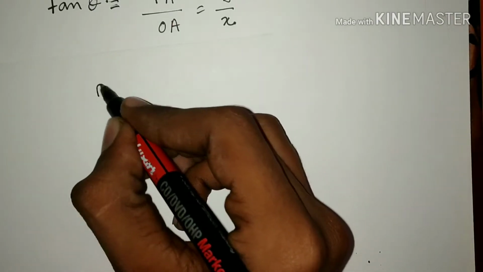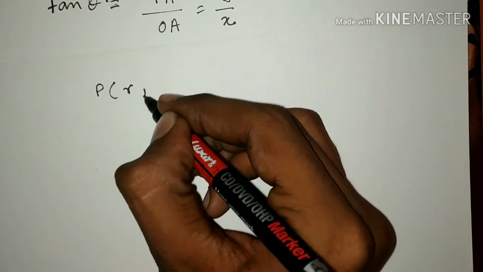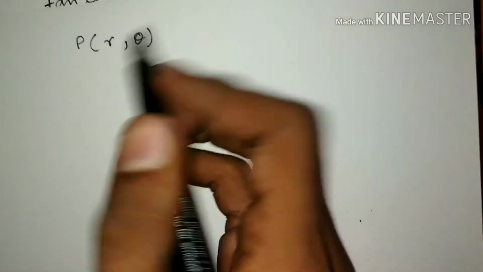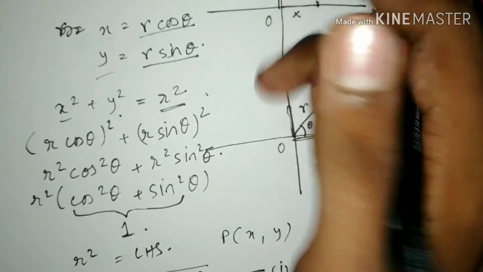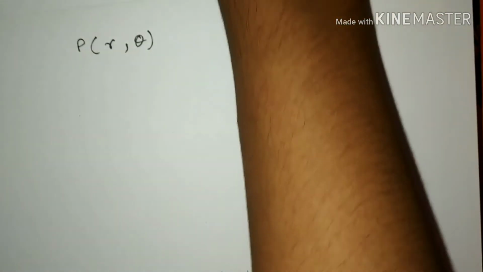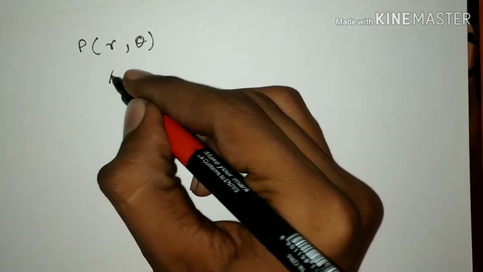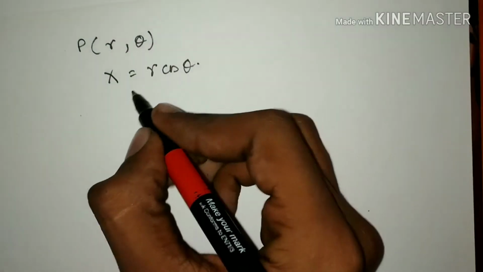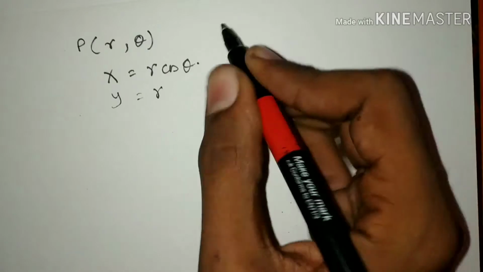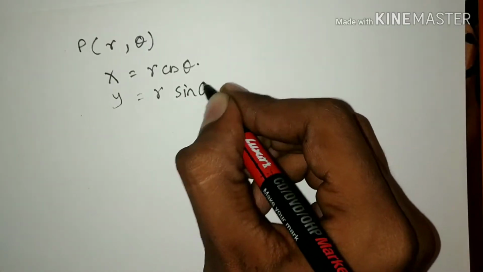If we are given the polar coordinates of a point, then from these two equations we can find the x coordinate and the y coordinate of the point by this formula: x coordinate equals r cosine theta, y coordinate equals r sine theta.